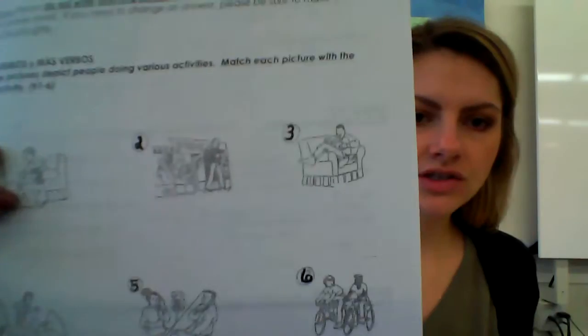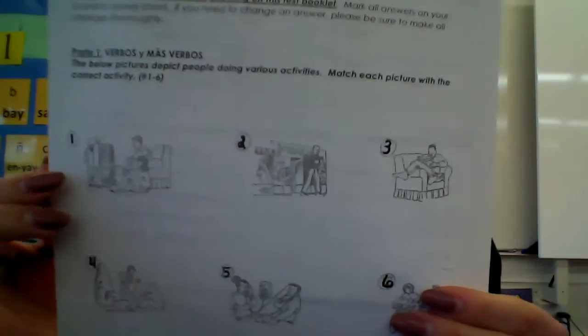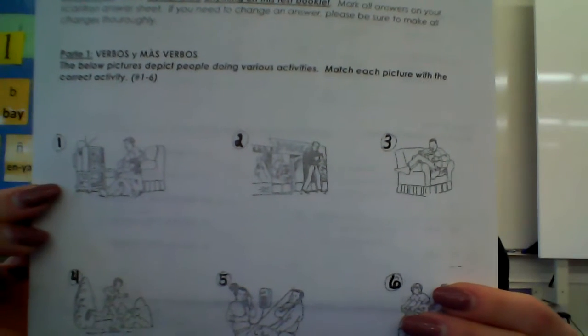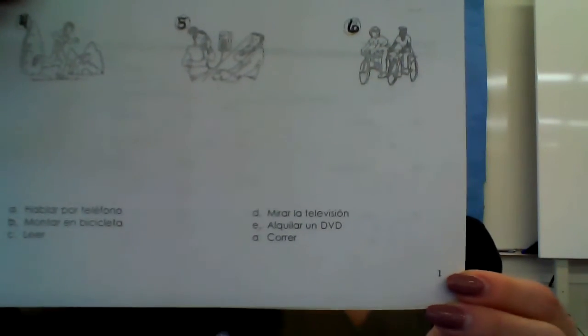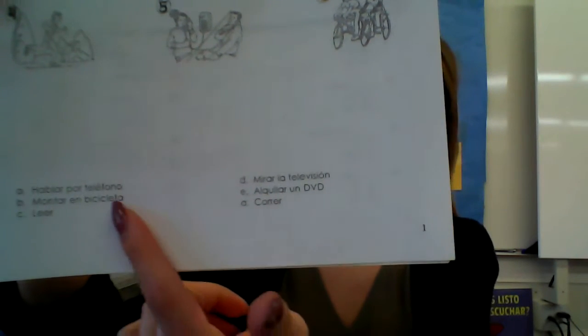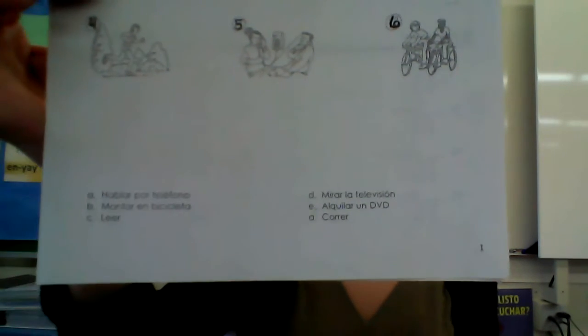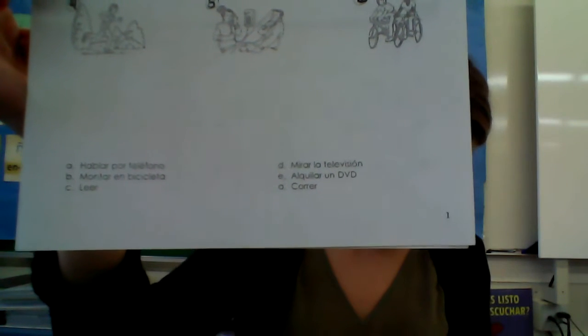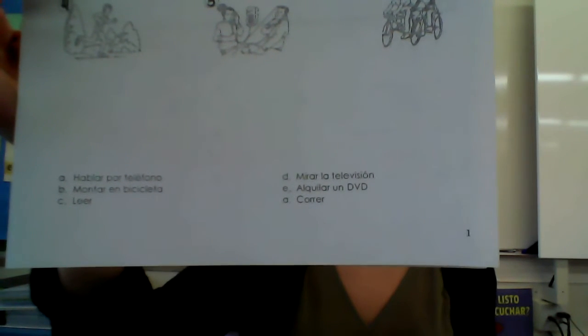In the first picture, right here, you have people watching television. So you need to decide which letter means to watch television. So you have A, B, C, D, E, and that last one's a letter A again.